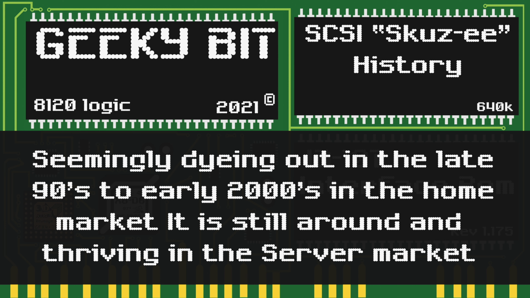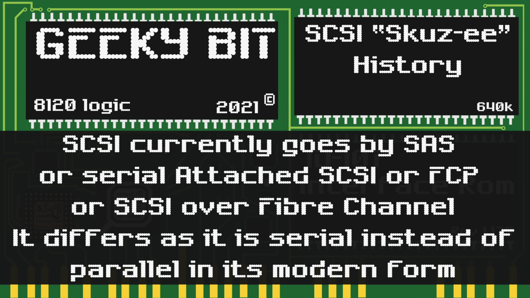SCSI seemingly died out in the late 90s to early 2000s in the home markets, but is still around and thriving in server markets. SCSI currently exists as SAS, or Serial Attached SCSI, or FCP, or SCSI over Fibre Channel. The modern versions differ as they are serial instead of parallel.